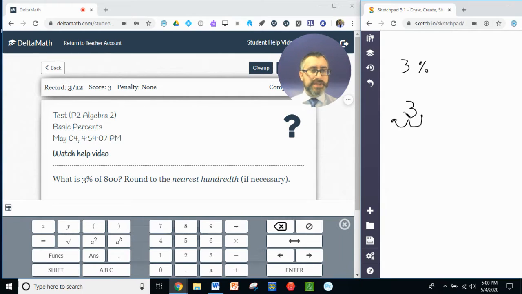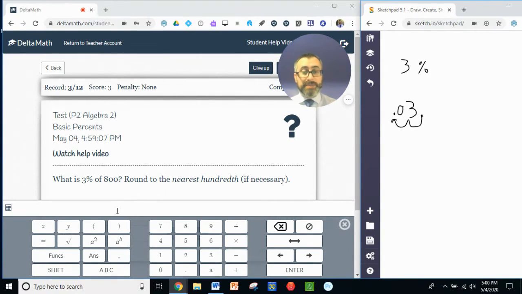Wait, how do I show this empty space? With a 0. So now I have enough room to put my decimal and then a 0, and then my 3. So 3% gets written as 0.03.